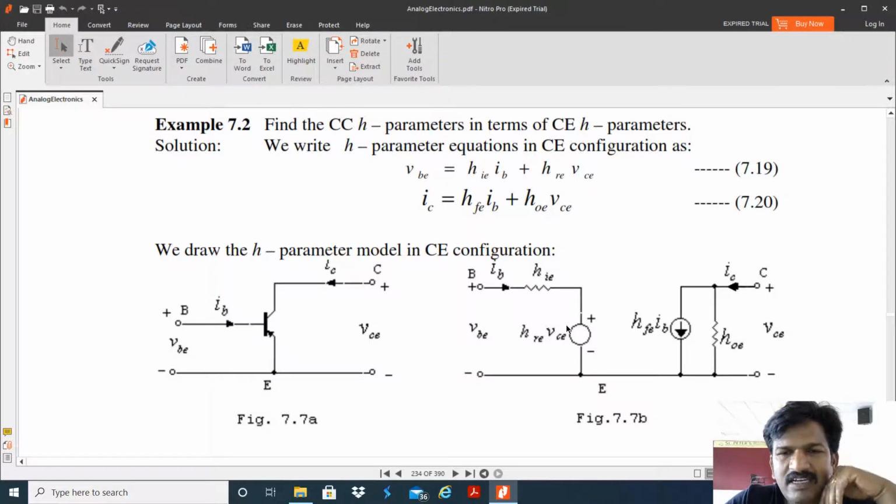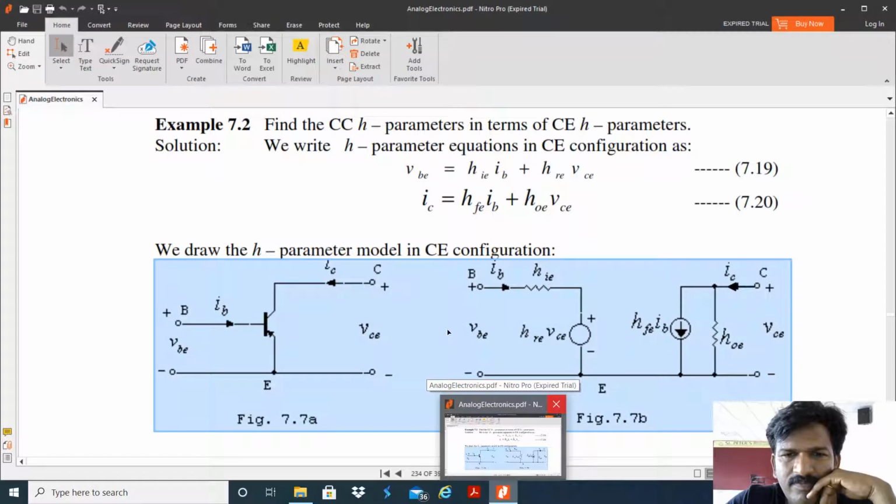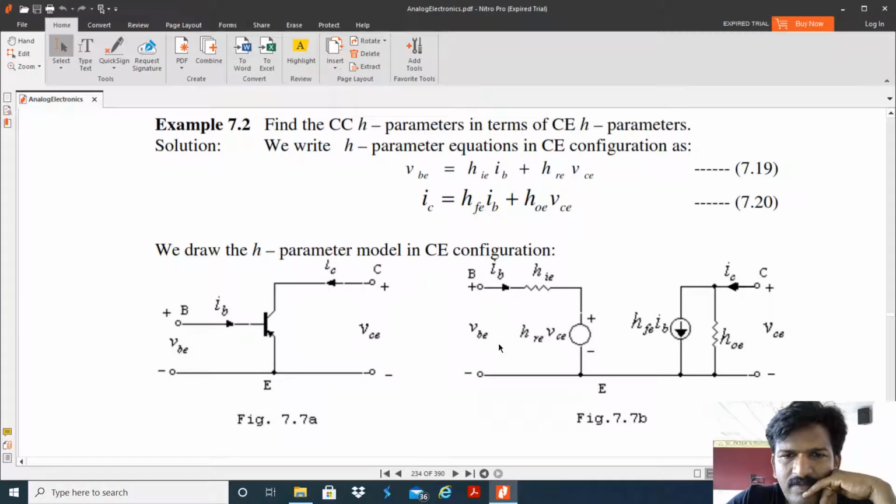Then the equivalent h parameter model for the CE configured BJT is like this. We have VBE at the input, and the current coming from the input is IB, with HIE, HRE VCE, and HFE IB. HFE IB is the current source and HRE VCE is the voltage source.